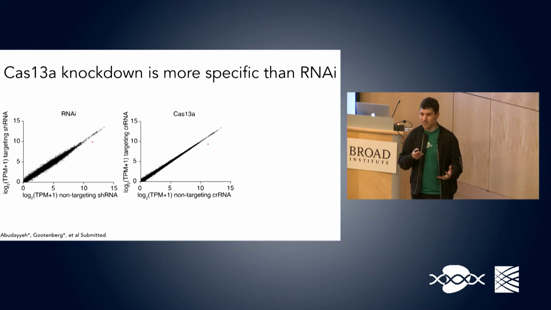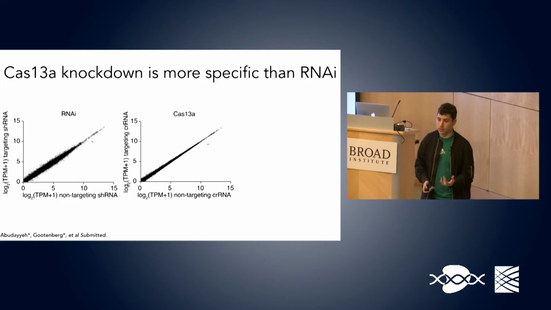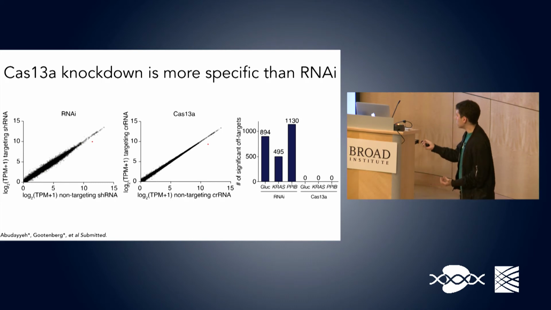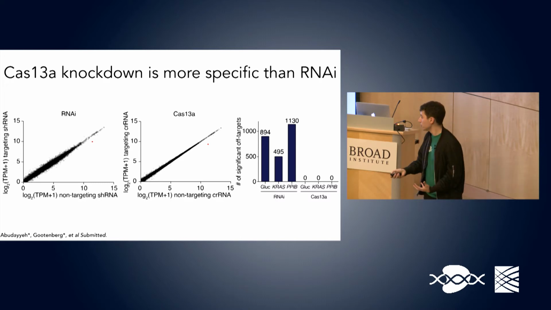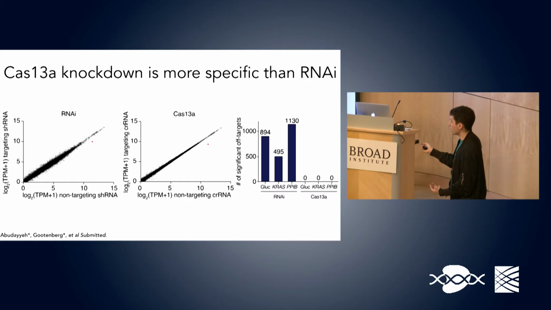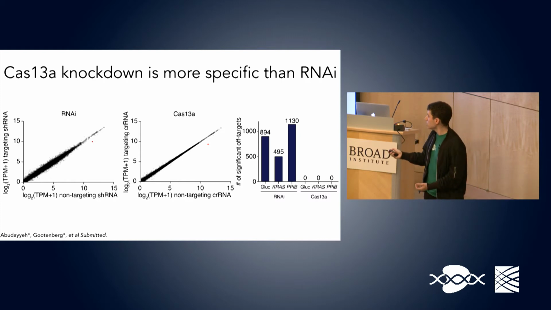Cloudiness versus not cloudiness is not really a method of rigor, so we can quantify differentially expressed genes. What you can see is for RNAi, targeting 3 different genes, you can get anywhere from 500 to over 1,000 off targets. But for Cas13, we could not detect any. So you can get essentially equivalent levels of knockdown without the off-target effects of shRNA.